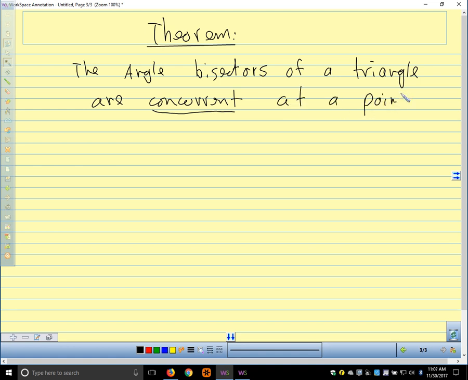And that point is equidistant from the sides of the triangle.